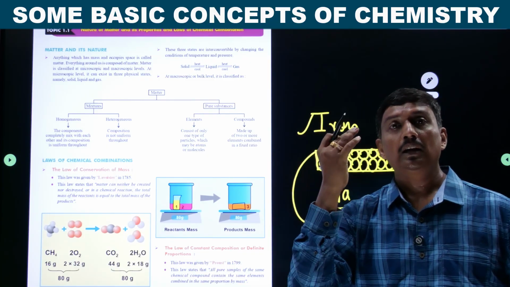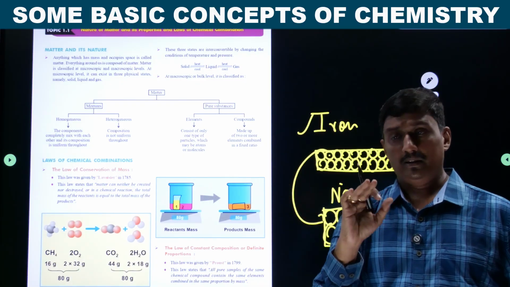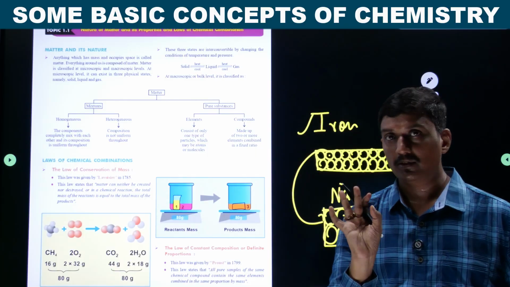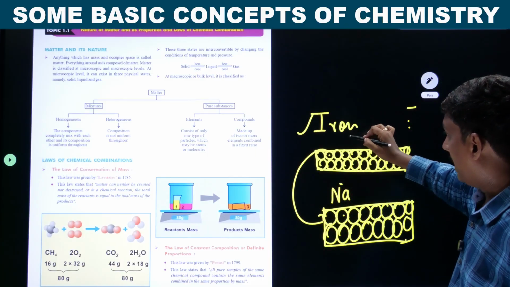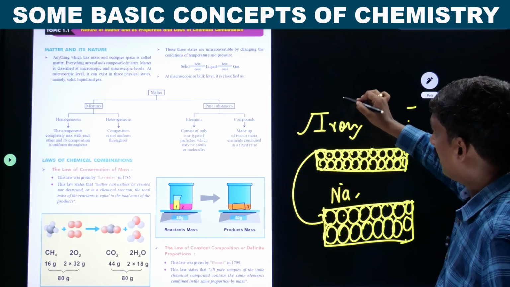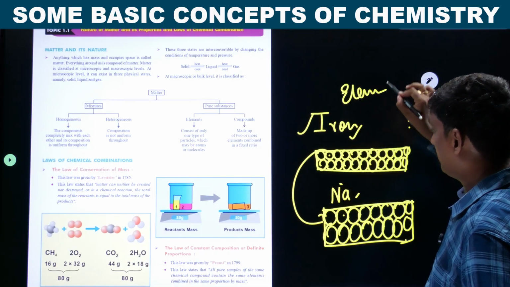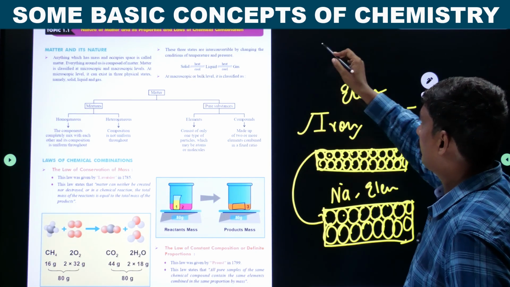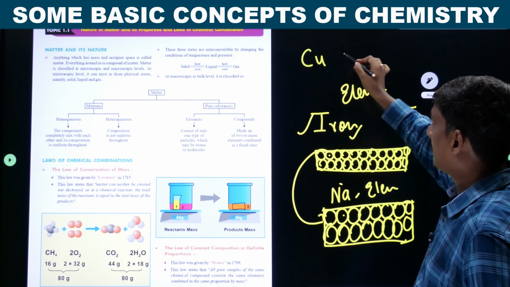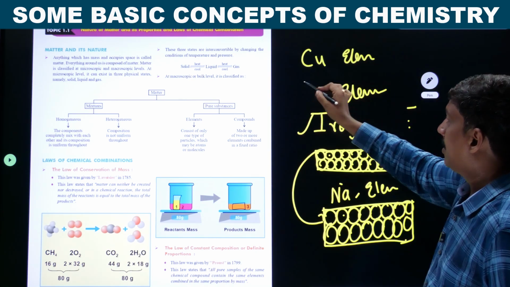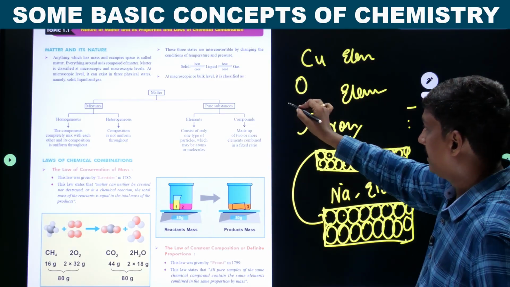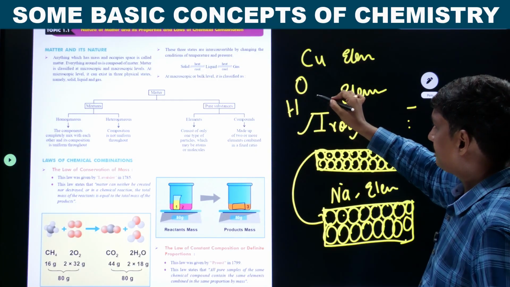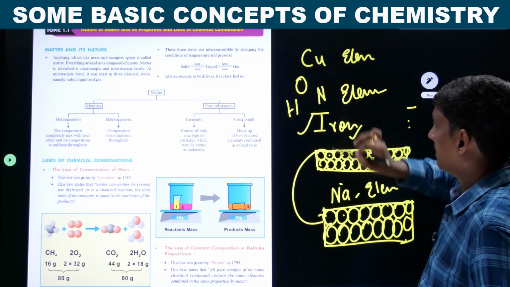The structural non-identical properties make the difference in the chemical and physical properties of the substances. So iron is an element, sodium is an element. In the same way, take copper. Copper is an element. Oxygen is an element. Hydrogen is an element. Then nitrogen is an element.